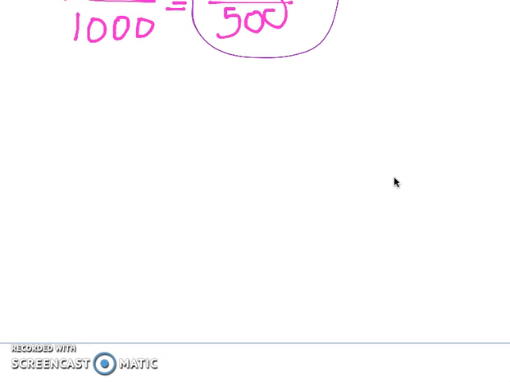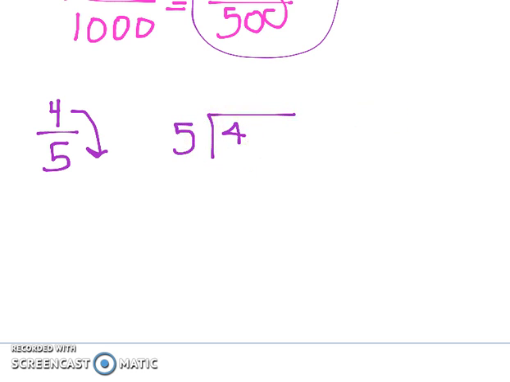Number 7, 4/5 as a decimal and a percent. Well, we first have to write it as a decimal. 4 divided by 5. Let's use long division. 5 can't go into 4, but it can go into 40. 5 goes into 40 8 times. 8 times 5 is 40, goes in evenly.